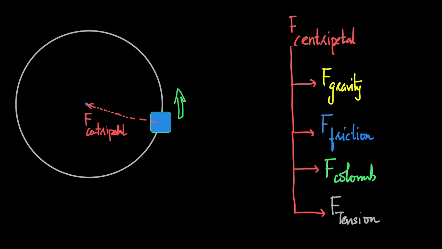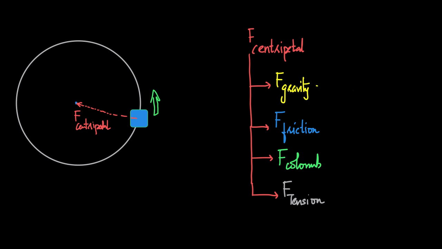Say, for example, when the earth revolves around the sun, the gravitational force between them, F gravity, acts as the centripetal force. When a car is going round and round around a circular track, it is the friction between the tire and the road that acts as the centripetal force.